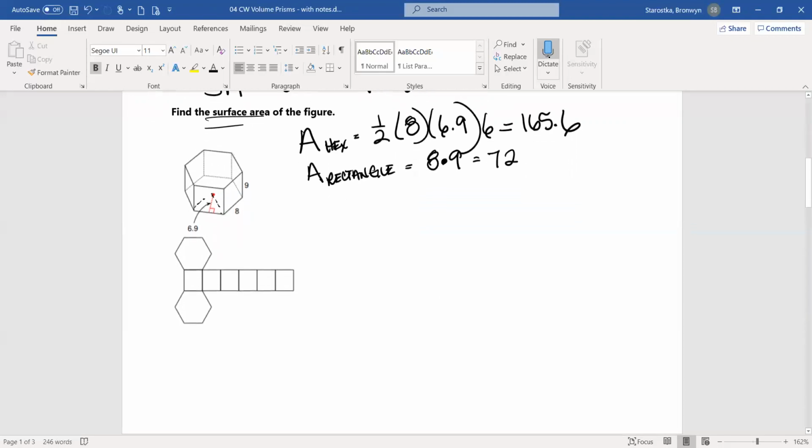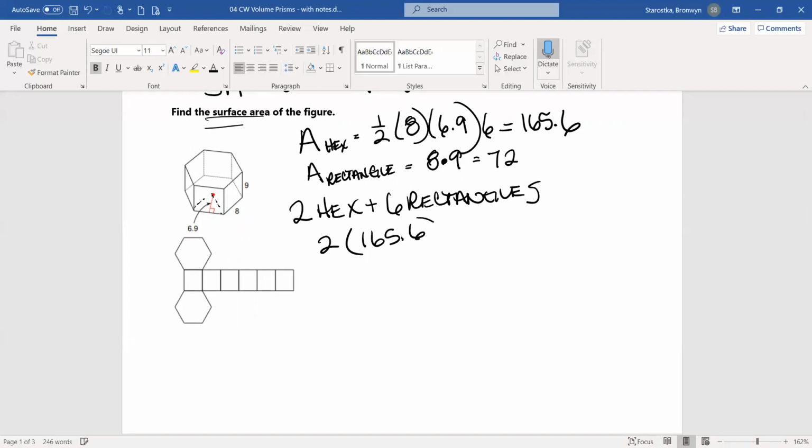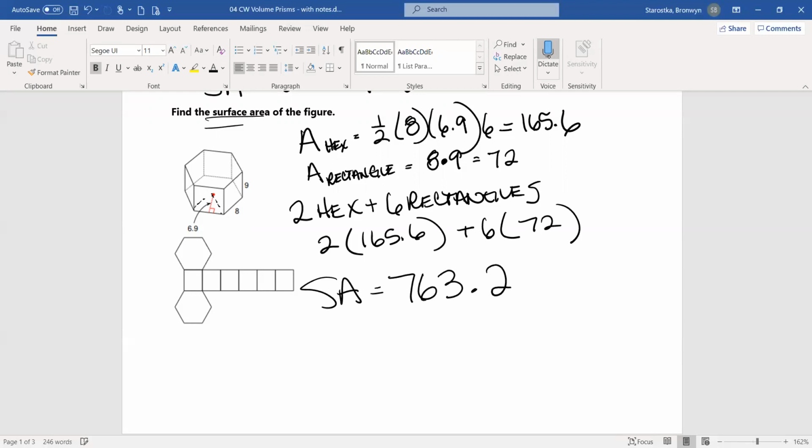So the total surface area, well, we've got 2 hexagons, and we've got 6 rectangles. So 2 times 165.6 plus 6 times 72 gives 5.2 units squared.